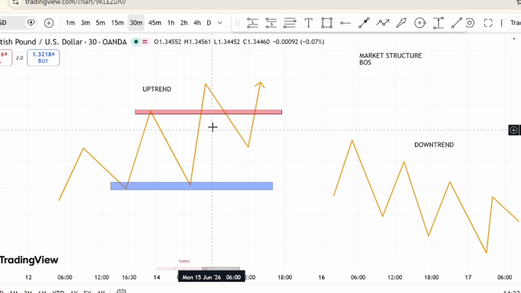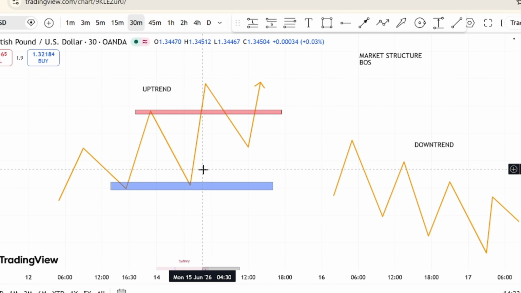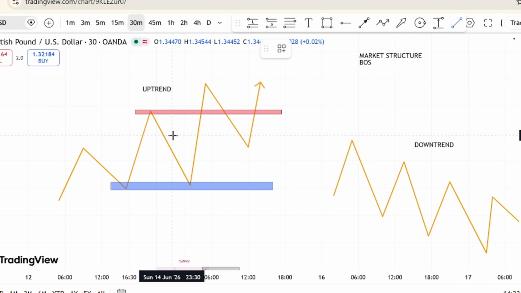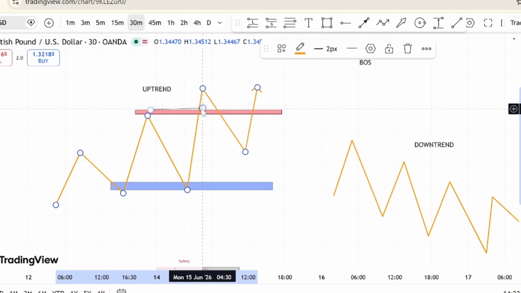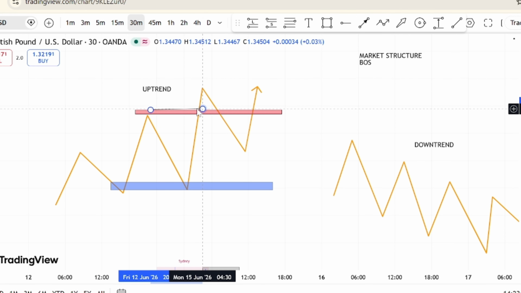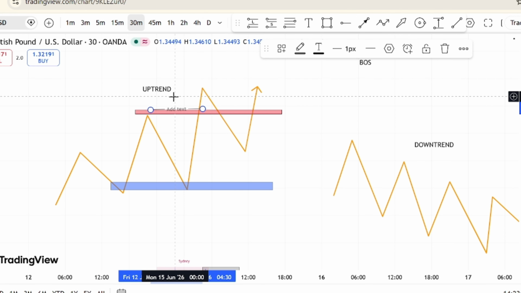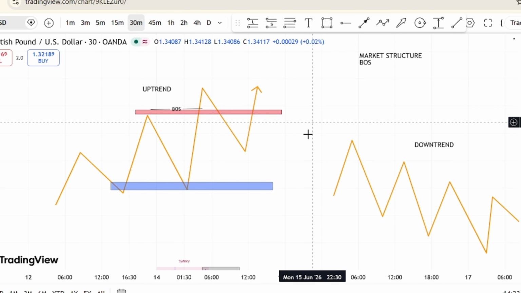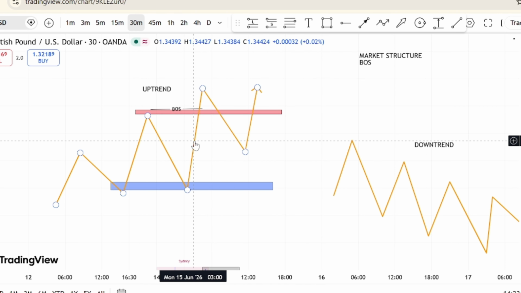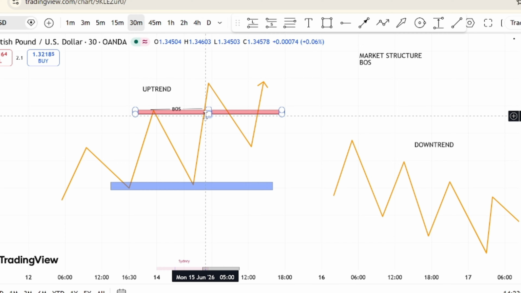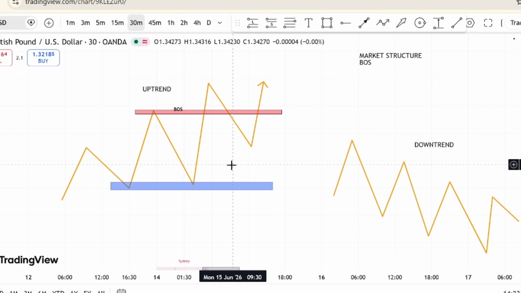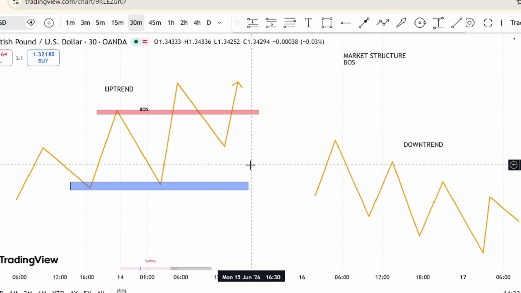This is a support, this is a resistance. So when price breaks here, we consider this to be a break of structure. So we mark it as a break of structure, BOS. So in this strategy, when price breaks a break of structure, we tick on our checklist. That is the second thing we look for.